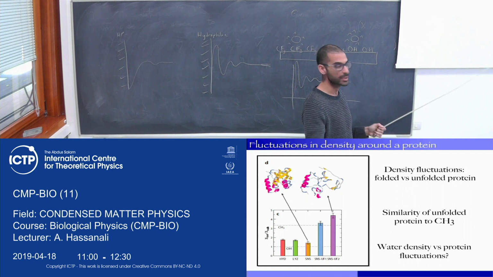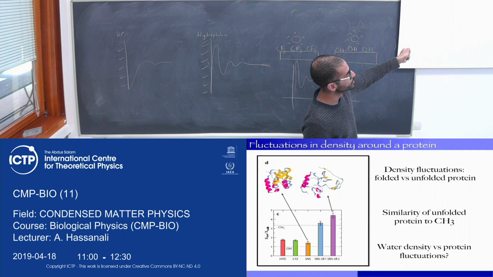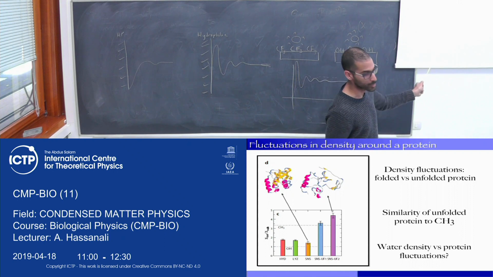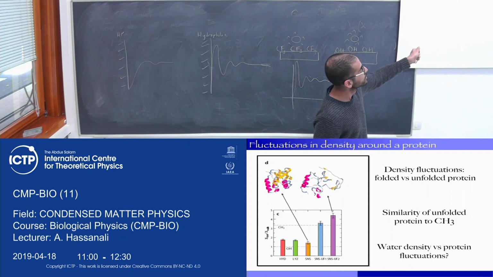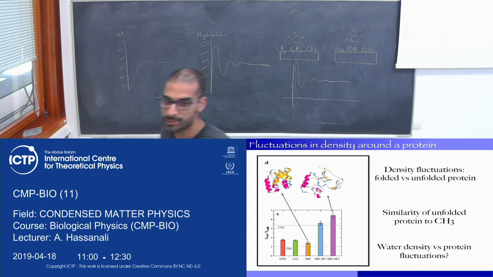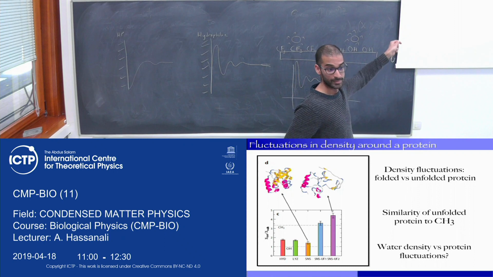How does the compressibility of water change around a folded protein versus an unfolded protein? All this is telling you is that when I go from a folded to an unfolded protein, there's a rather big change in the compressibility of the water around it. So the enhancement of the fluctuations of the density of water around the protein will play an important role in changing the stability, the thermodynamics associated with the protein.